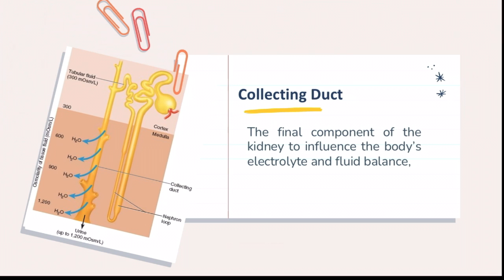It is under the control of ADH, or the antidiuretic hormone, which I already discussed. The collecting ducts determine the final concentration and volume of urine. It conducts filtrate through the osmolarity gradients, and more water exits the filtrate by osmosis.